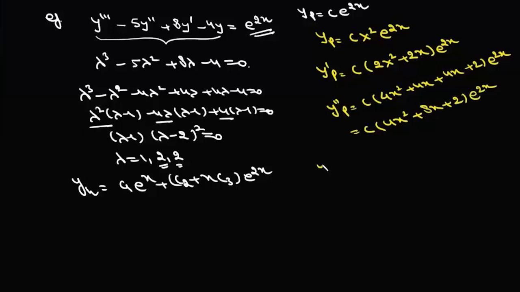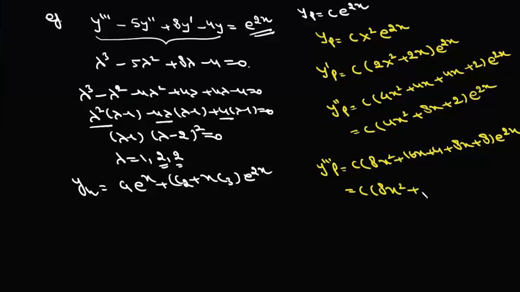Then we'll find y triple dash p, and there'll be c, and there'll be 8x square plus 16x plus 4 plus 8x plus 8 into e to the power 2x, which is c into 8x square plus 24x plus 12 e to the power 2x.